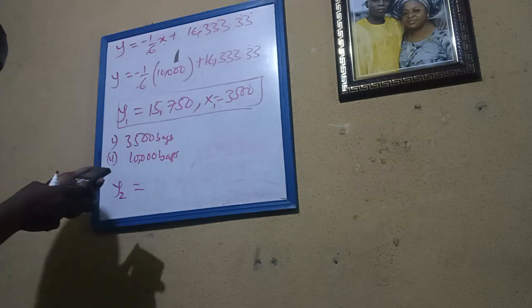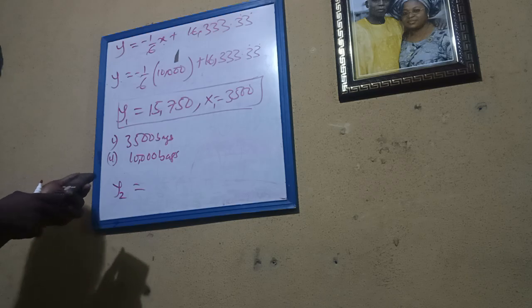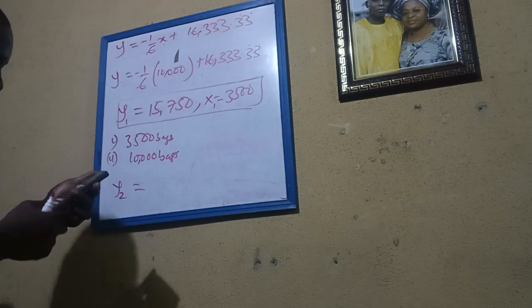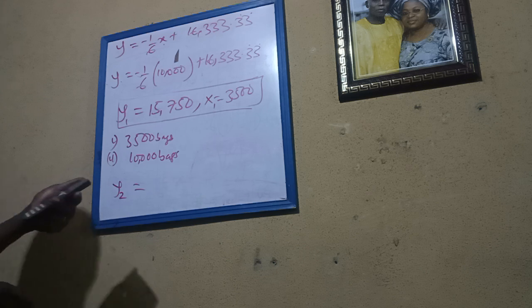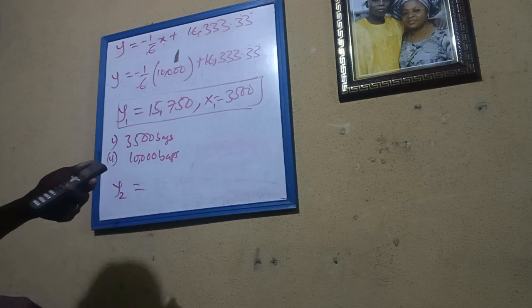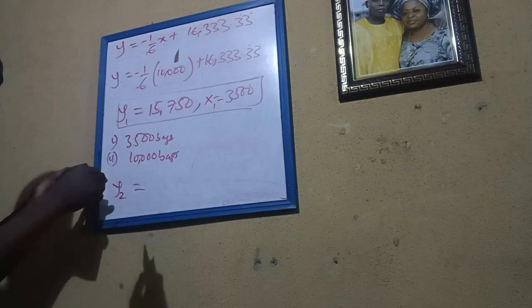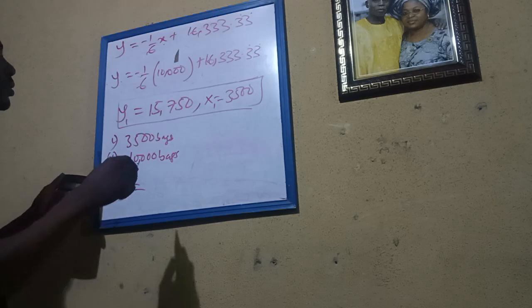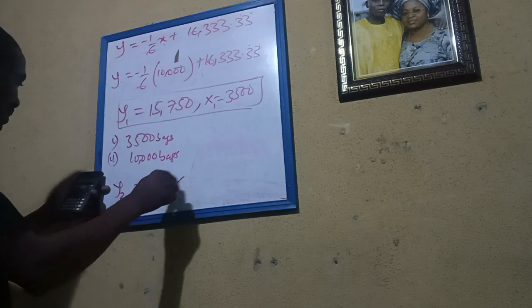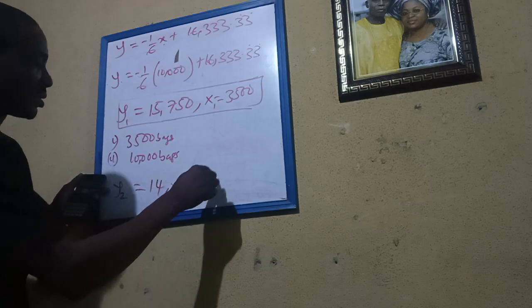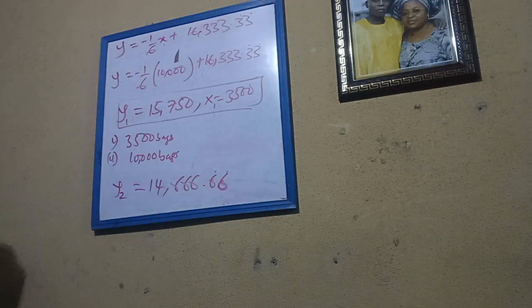I add it directly to 16,333.3333, and that gives me 14,666.6666, so 14,666.66 also recurring. So this is what it's going to give me.